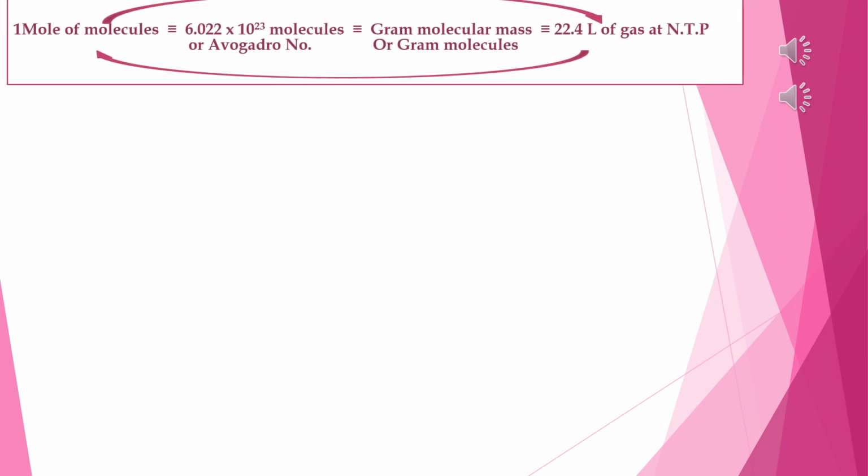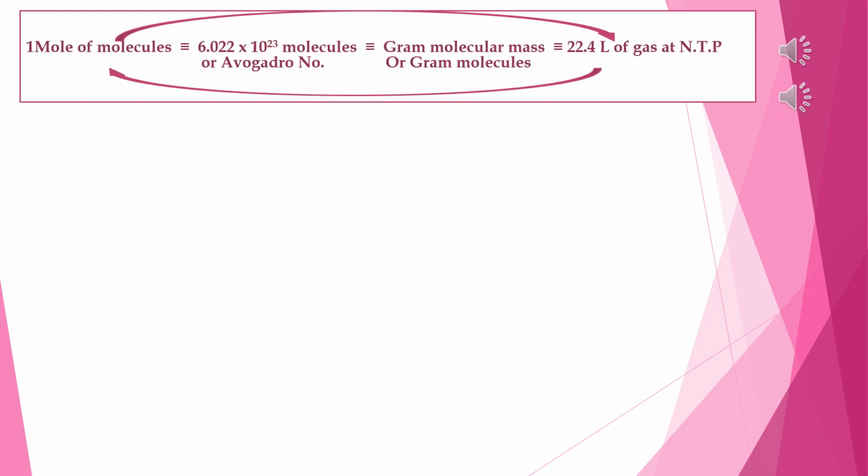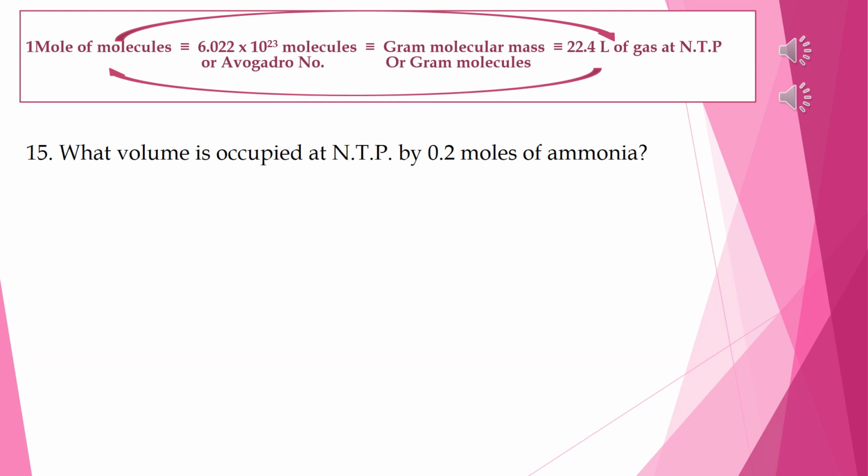So let's take another relation, which is between mole and volume of gas at NTP. According to this relation, 1 mole of any substance is equivalent to 22.4 liter of gas at NTP. So in 15th numerical, what volume is occupied at NTP by 0.2 moles of ammonia?